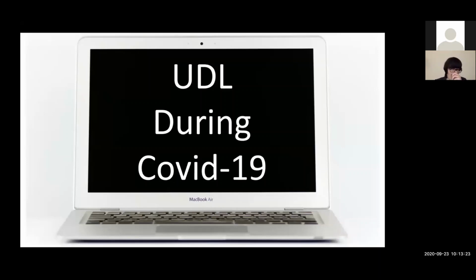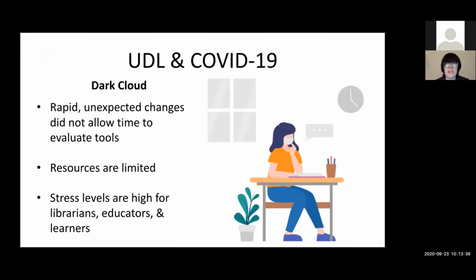So all of us are dealing with the challenges of COVID-19. And UDL also has, as a framework, a lot to say about how we're using technology during this time and how we can better deploy that technology. So let's talk about UDL and COVID-19. And let's start with maybe the dark clouds over this process.